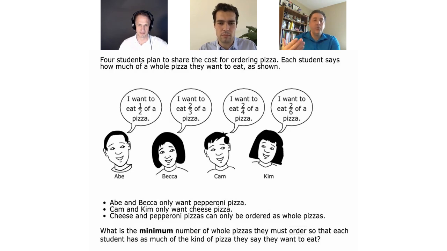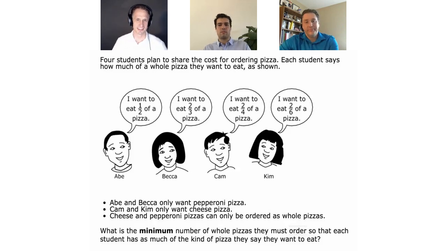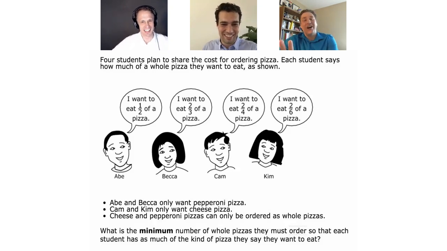All right. So, Damon, just describe what you're seeing to me. Fifth grade is hard. That's why I'm not asking you to solve it. Just tell me. So there's multiple things going on from my perspective. One, I've got some constraints. I can only order full pizzas.